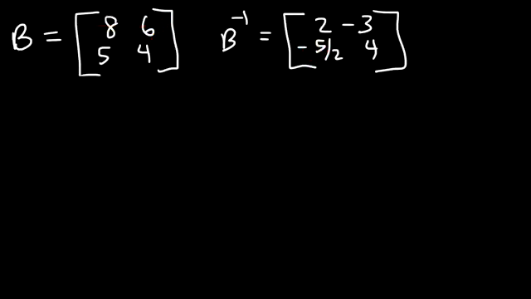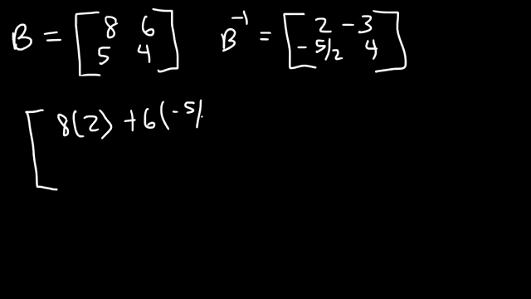Let's write it out. So it's going to be 8 times 2 plus 6 times negative 5 over 2. Next we have row 1 times column 2. And then that's going to be 8 times negative 3 plus 6 times 4.